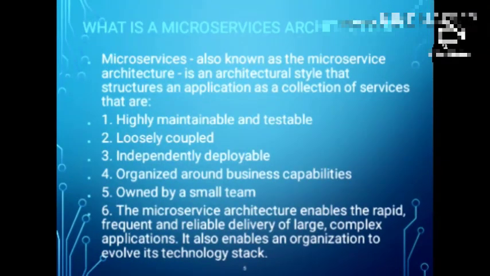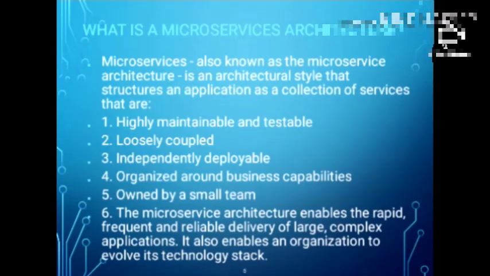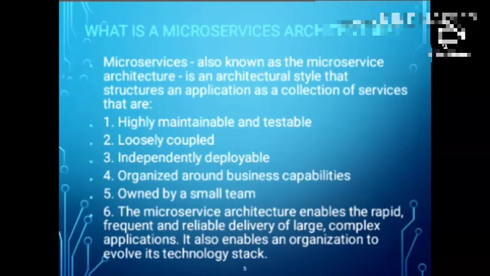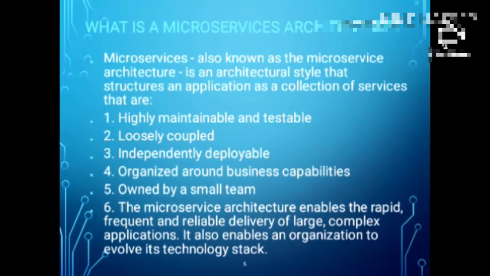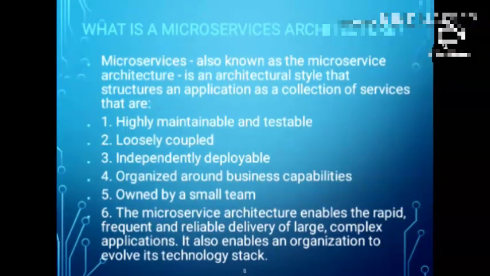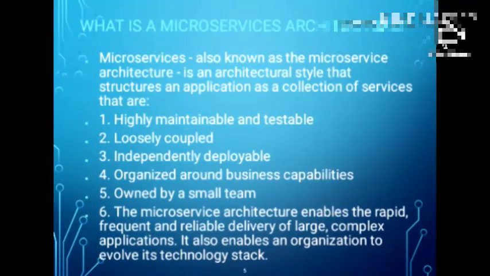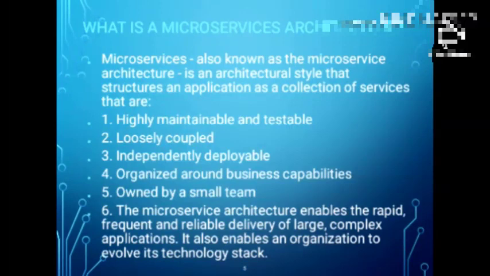Independently deployable. 4. Organized around business capabilities. 5. Owned by a small team. 6. The microservice architecture enables the rapid, frequent, and reliable delivery of large, complex applications. It also enables an organization to evolve its technology stack.